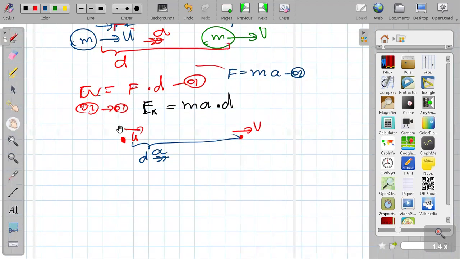Can you suggest an equation to do this? U, V, A, S. D stands for S. You can apply v squared equals u squared plus 2as.